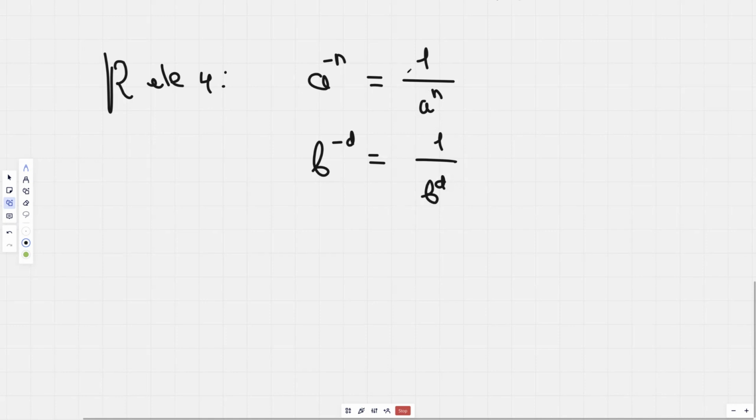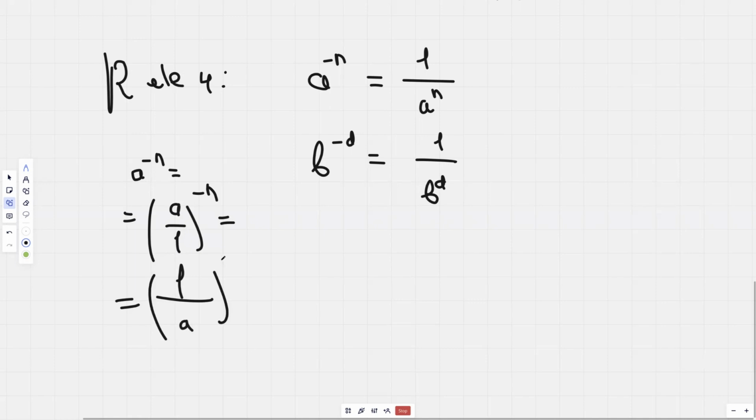1 over something, we are making it just the opposite of it. For example, a to the power of negative n is equal to a over 1 to the power of negative n, and the negative sign will change the position of the a and 1 and make it 1 over a to the power of n.